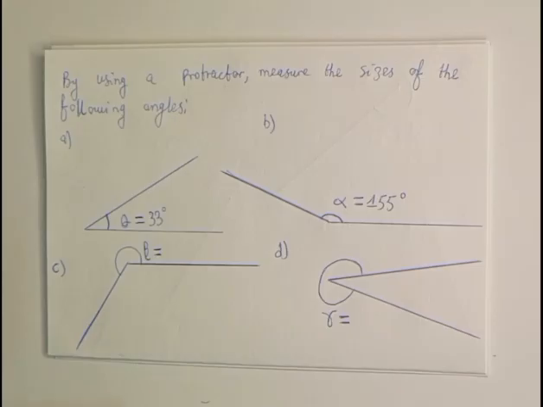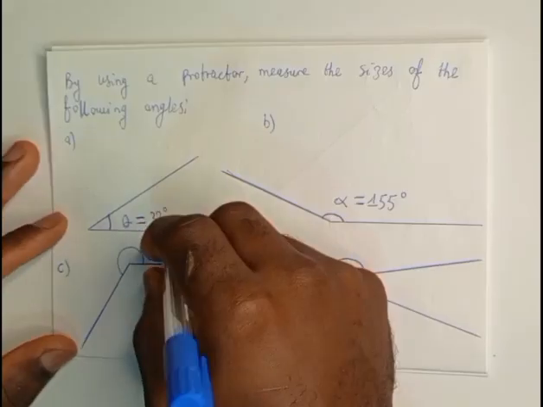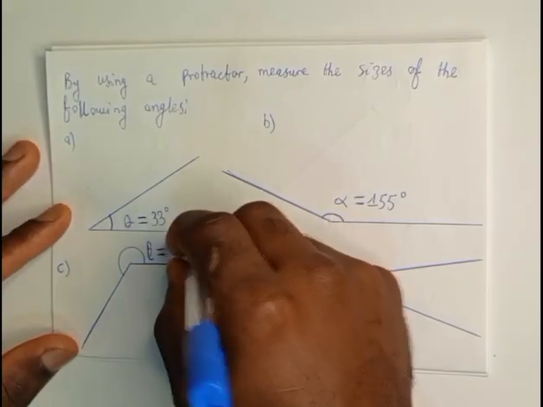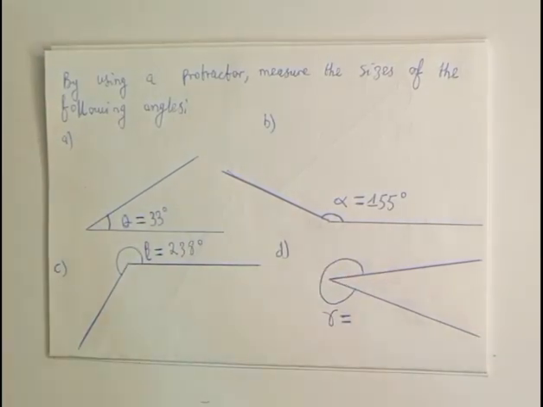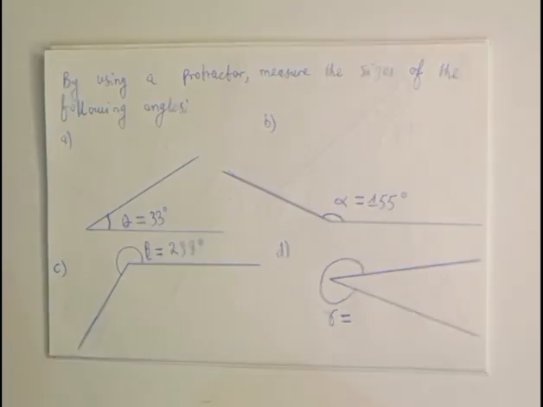Performing this subtraction, it gives us 238 degrees. Therefore, the angle beta is equal to 238 degrees.